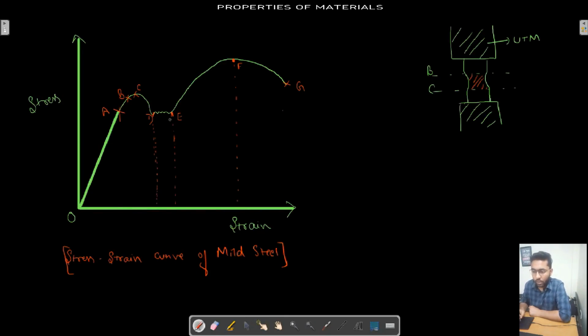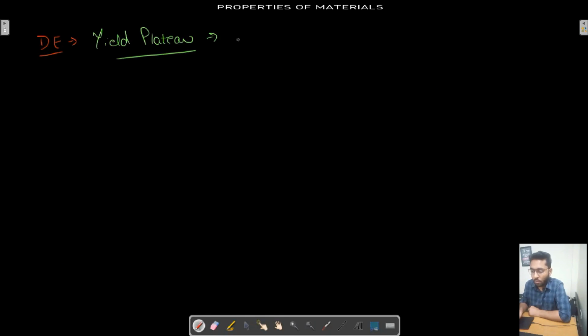Because if you see in this diagram clearly, you can say that with no increment in the stress, there is a lot of strain available. So at this stage, at point D, we can say that steel is showing a bit of plastic behavior. So here we can say that strain is predominant. Alright, strain is predominant.